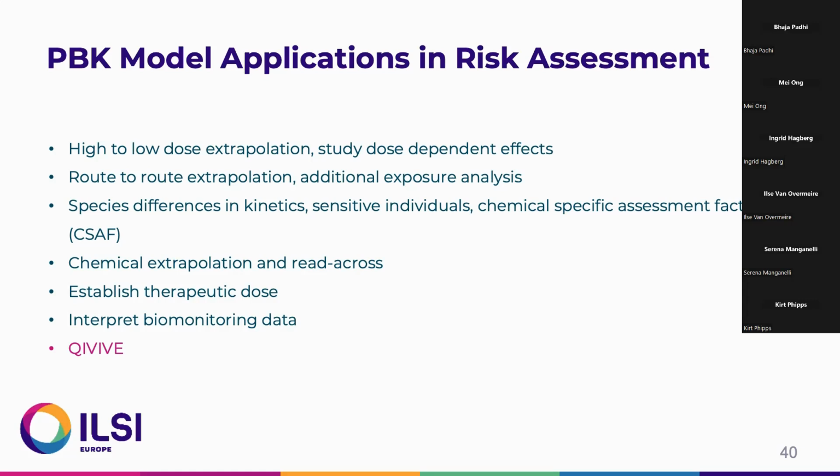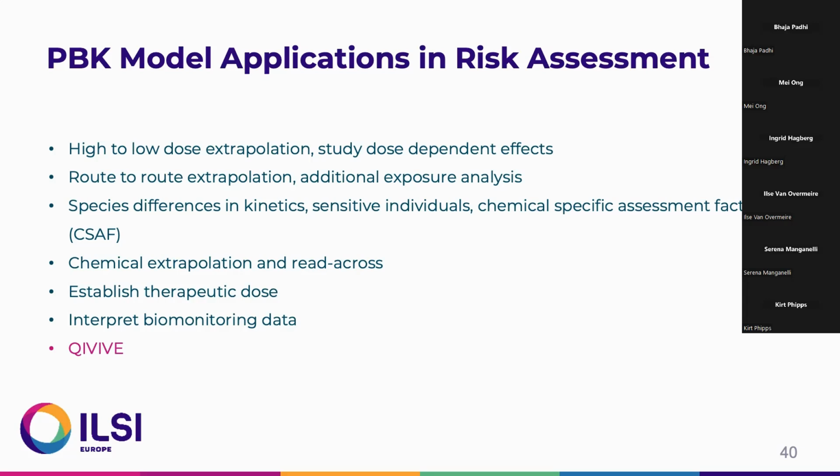Of course, you can extrapolate from data-rich chemicals to toxicity of less data-rich chemicals using these PBK models. You can use them for read-across, for example. You can establish therapeutic doses when it comes to drugs, and that's where this type of modeling predominantly originates. But you can also interpret biomonitoring data.